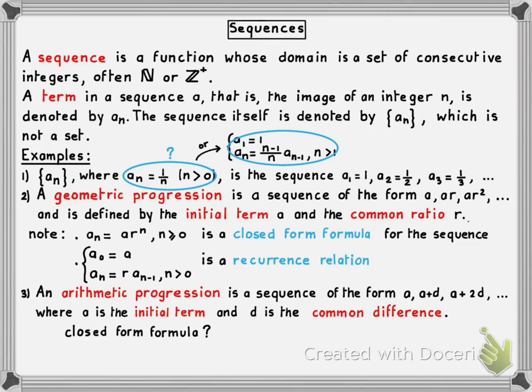So it's a formula a sub n equals some function of n. And then as a second exercise, I want you to come up with a recurrence relation formulation for an arithmetic progression. Remember, for this one, you need two parts, the base case and a recursive case.